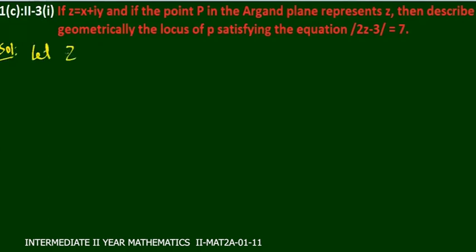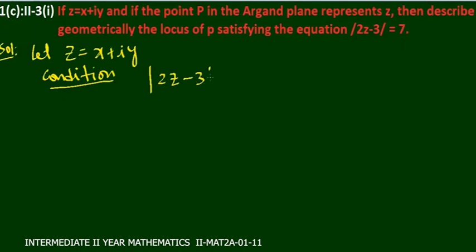Now let z be x plus iy, already given in the problem, and take the given condition. The given condition is mod 2z minus 3 is equal to 7.